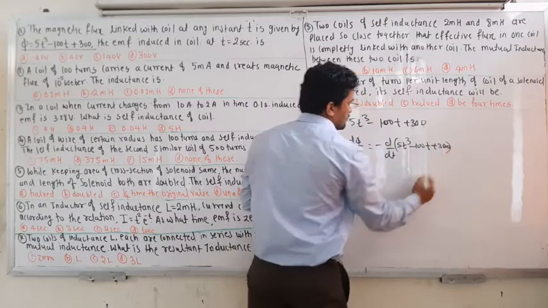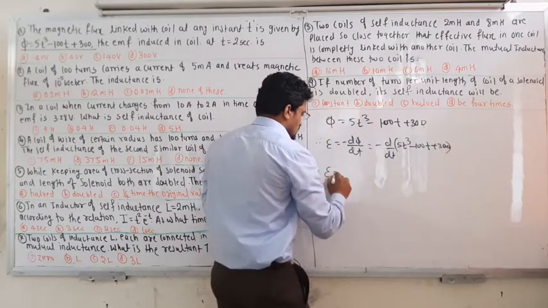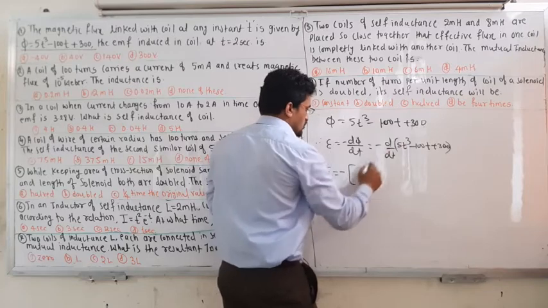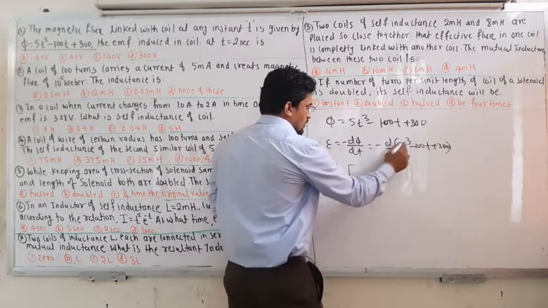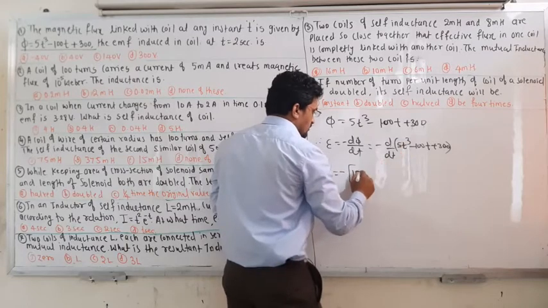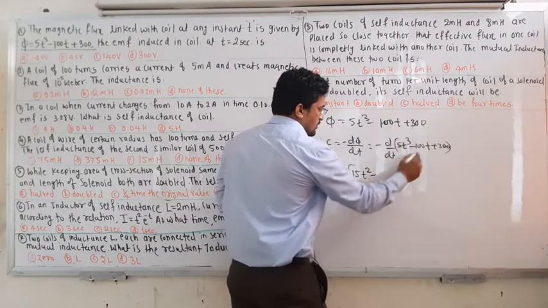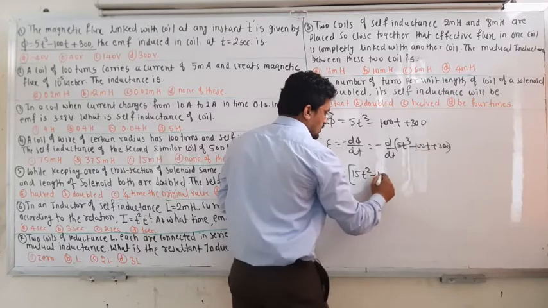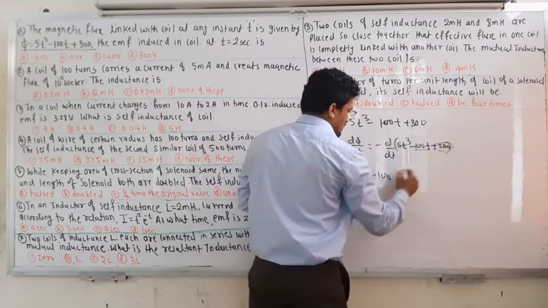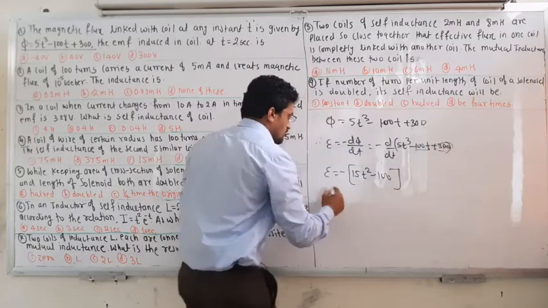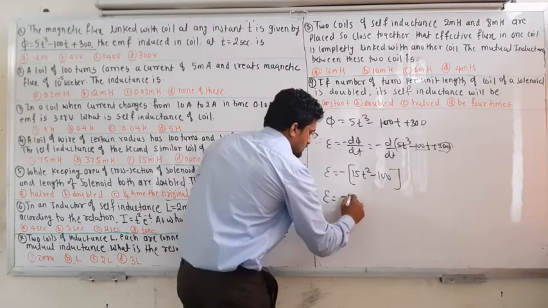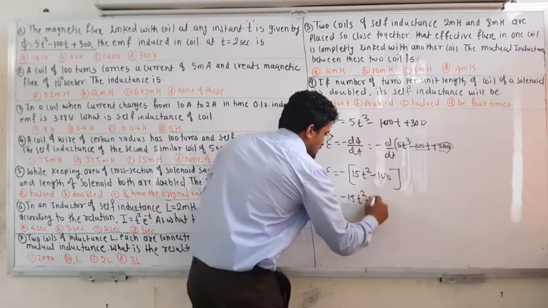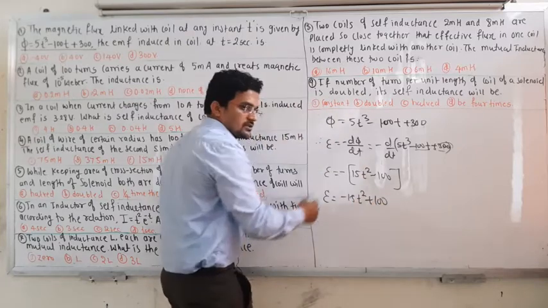Differentiating, E is equal to minus the derivative: 5 is constant, t cube becomes 3 multiplied by 5, which gives 15 t square, and the differentiation of 100 t becomes 100, and the differentiation of the constant becomes 0. So EMF is equal to minus 15 t square plus 100, just multiplying the minus.